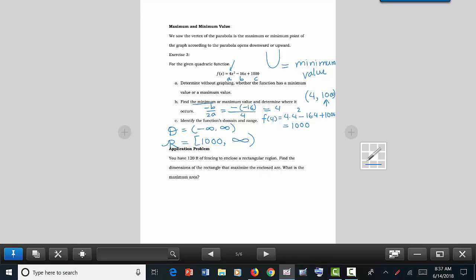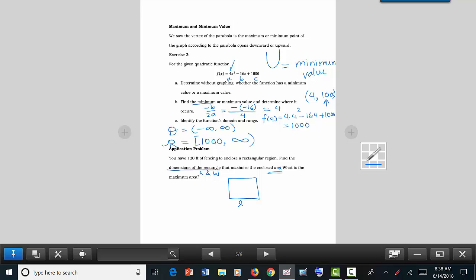Now let's see the application problem. You have 120 feet of fencing and you have to enclose a rectangular region. What are the dimensions of the rectangle? That means they're asking for length and width so that the area is maximized. So there is a rectangular plot.